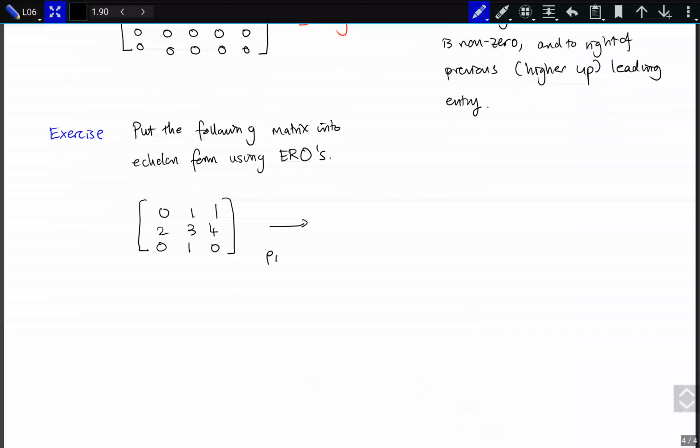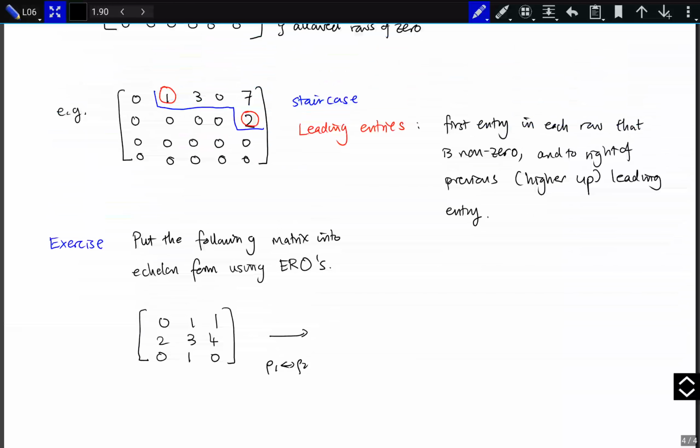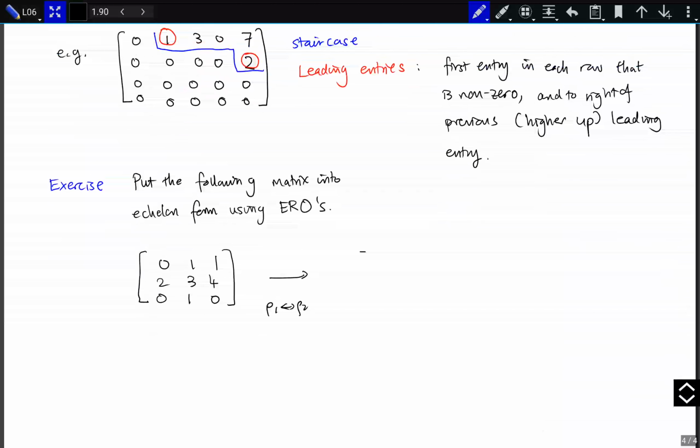When you swap row 1 and row 2, notice that I'm looking for this kind of staircase format. I want the top left one to be non-zero as far as I can get it. So this is equivalent to 2, 3, 4, 0, 1, 1, 0, 1, 0.